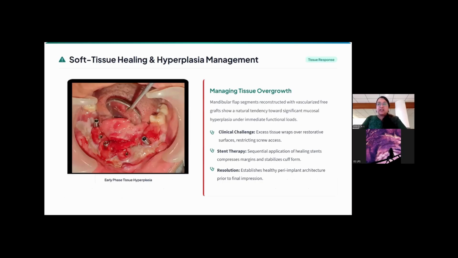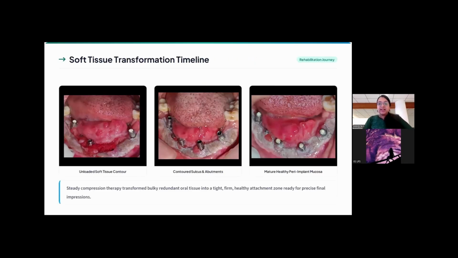Following this, healing was allowed. After that, there was a little bit of tissue hyperplasia as seen here. The mandibular segments were reconstructed using vascularized free flaps. Because of this, there will be some amount of hyperplasia under immediate loads. So after the healing stent is removed, this will have some amount of healing required.